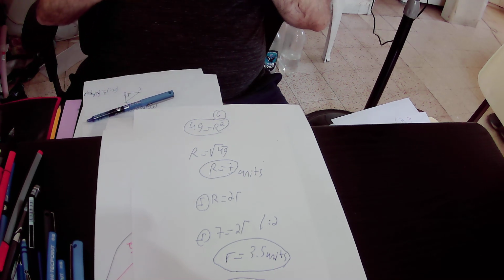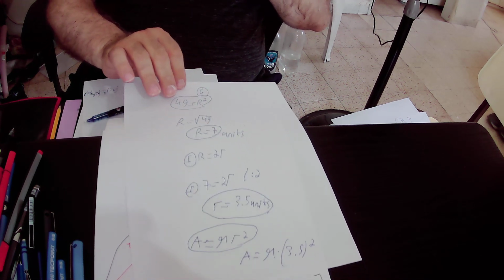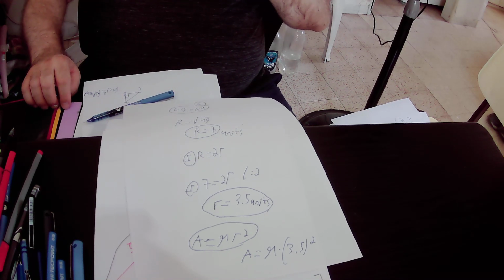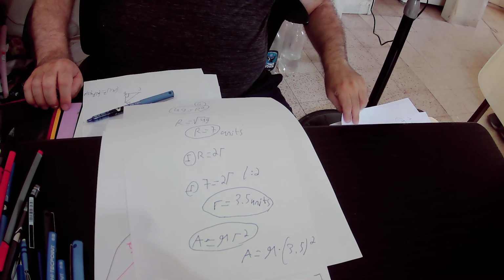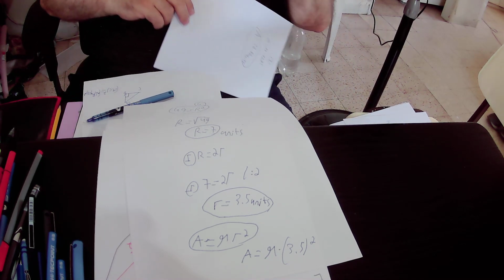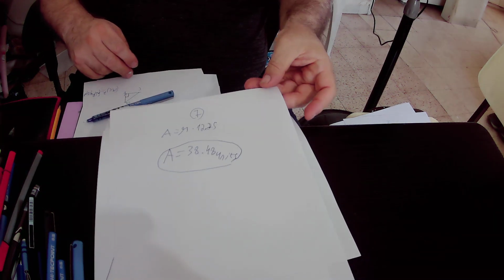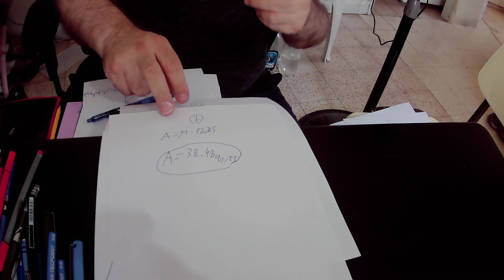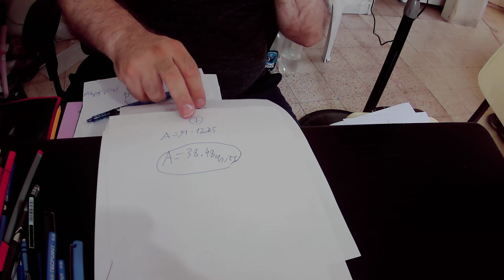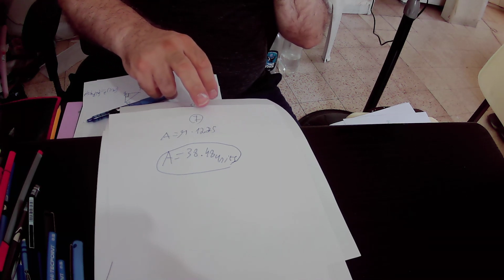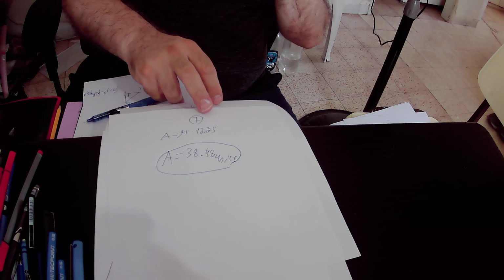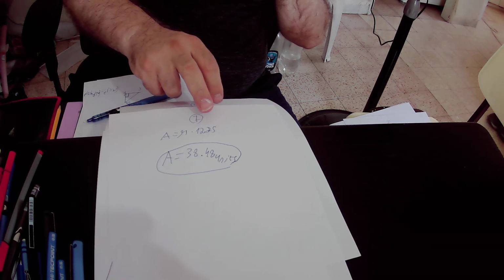And the area of a circle is pi times r squared, so we can substitute r by 3.5, and we will get that the area of the yellow circle equals pi times 3.5 squared, and 3.5 squared equals 12.25, so the area of the yellow circle equals pi times 12.25, and pi times 12.25 equals 38.48 units.